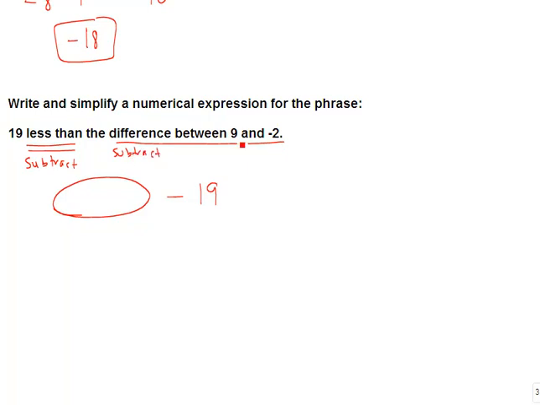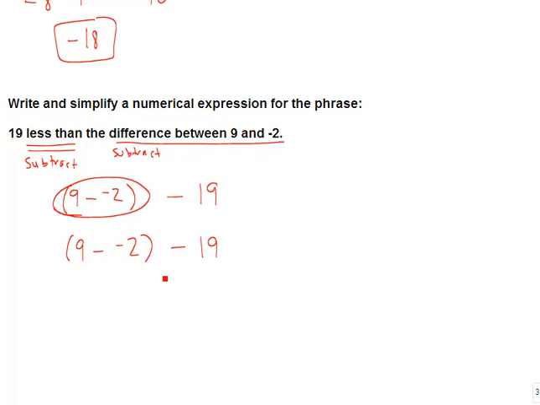So we want to subtract 9 and negative 2. So 9 minus negative 2. If you want to be really careful here, since we wanted all this stuff minus 19, you might want to use parentheses. So this, written out a little bit cleaner, would be parentheses 9 minus negative 2, minus 19.